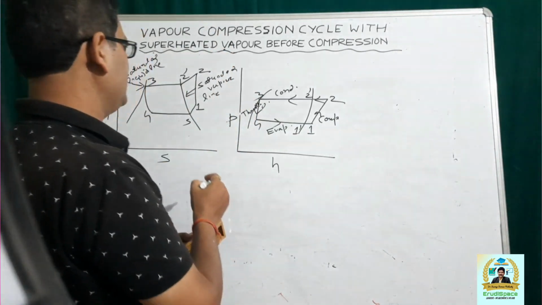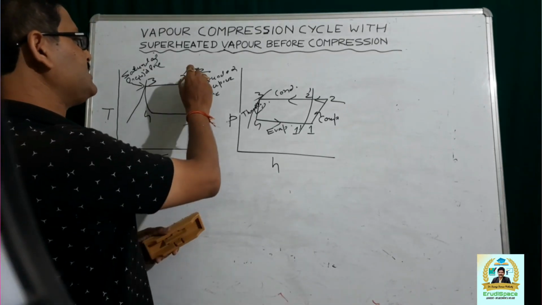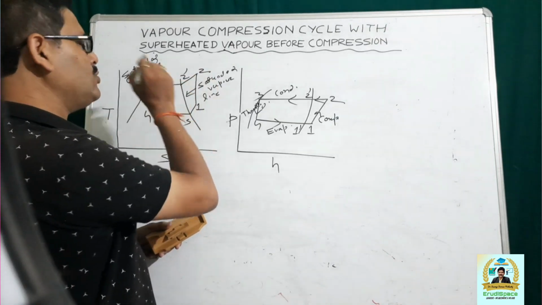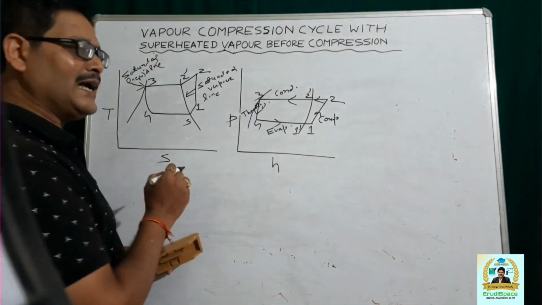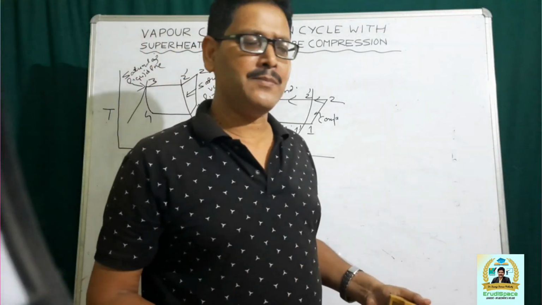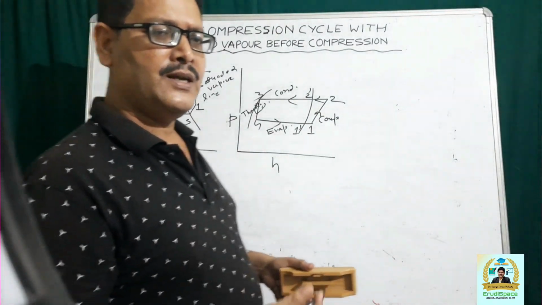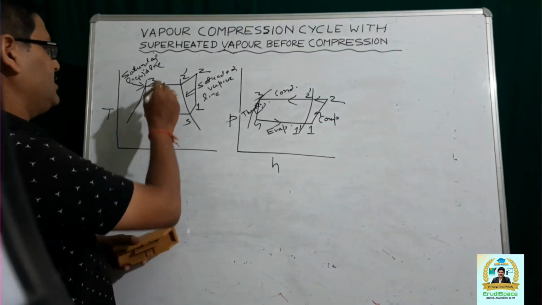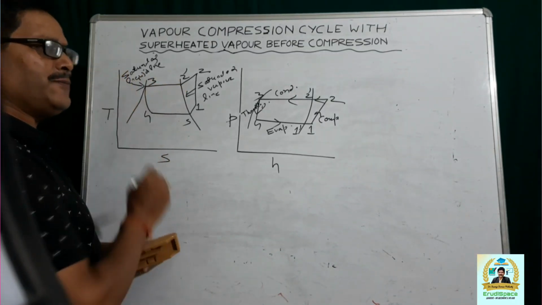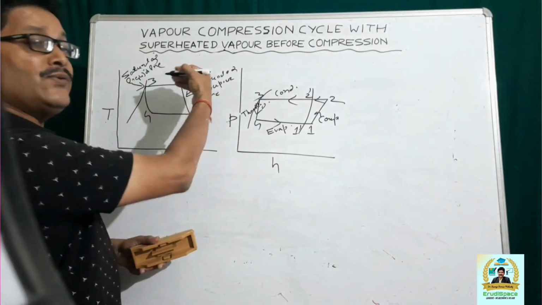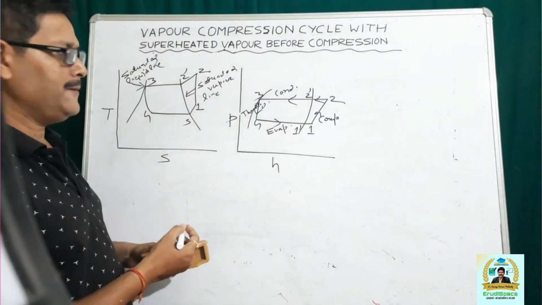That means the refrigerant changes from superheated state to dry saturated state represented by 2 dash, and after that it is latent heat removal. As a result it gets converted into liquid refrigerant. So 2 dash-3 represents the condensation process where we have the latent heat removal.